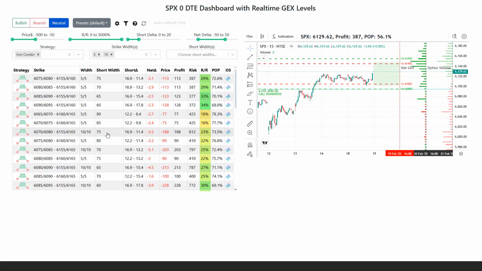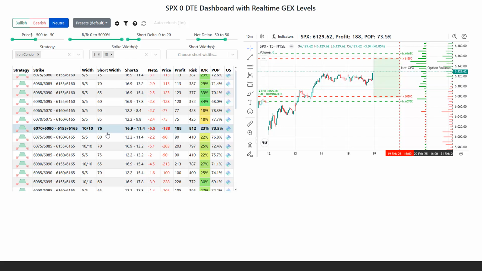And in the short distance column, you can see the distance between the two short legs. If I click on this, we see here a $75 difference, since the two strikes in this iron condor are 6080 and 6155. Here too, if I want to reuse the setup, I can save it by pressing the save button with the help of preset.